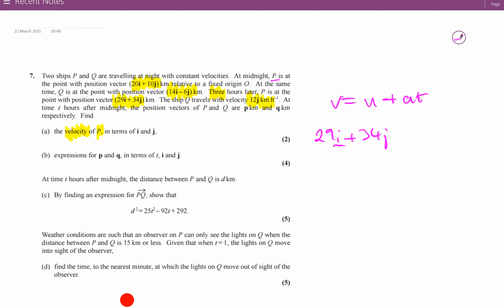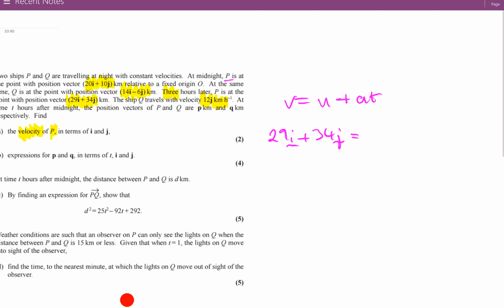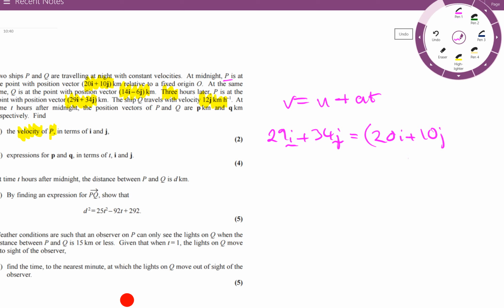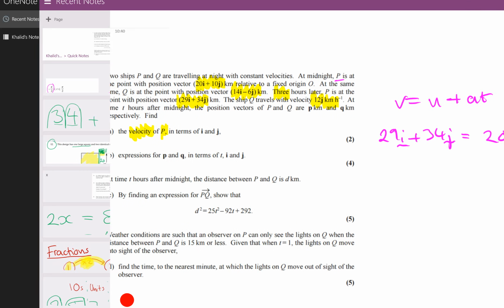I should, in theory, do the squiggly lines every single time, but I'm going to get lazy in a minute. Equals u, 20i plus 10j, and then a. Oh no, what is a?